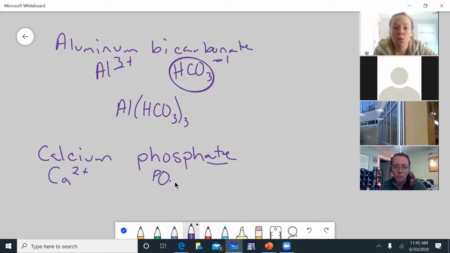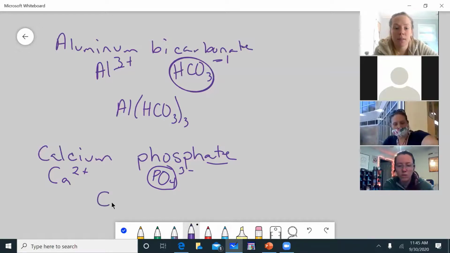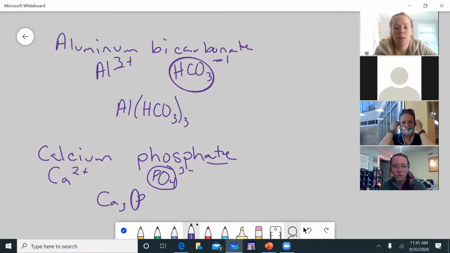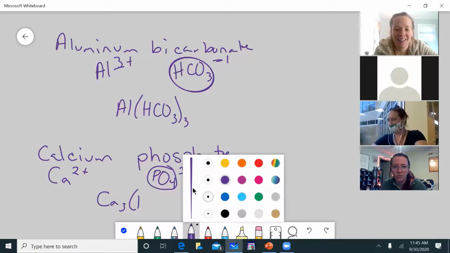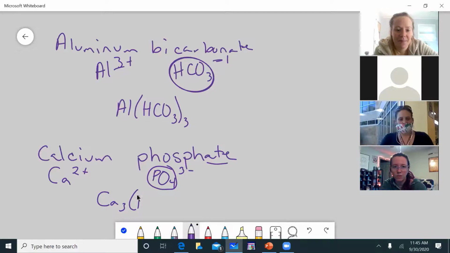It's PO4, and it has an overall 3- charge. I'm going to circle this so I can keep it together. Flip-flop my charges. So the 3 is going to become the subscript of the calcium, Ca3. P, O4. And the 2 will become the subscript of my PO4.